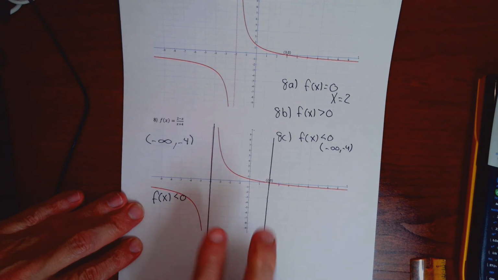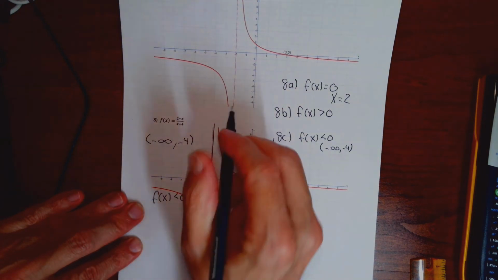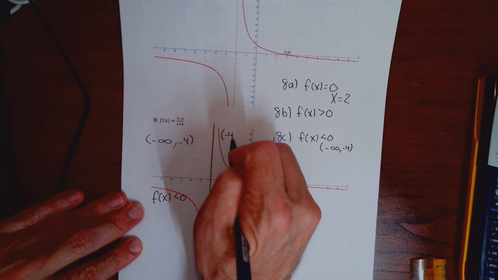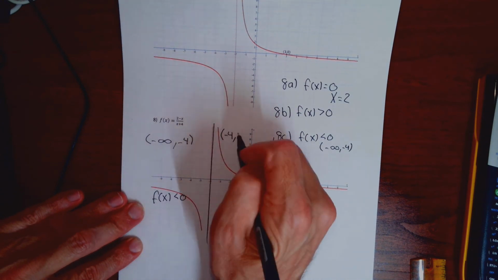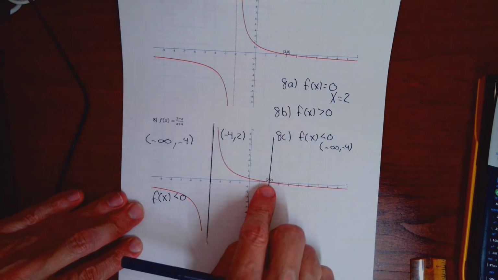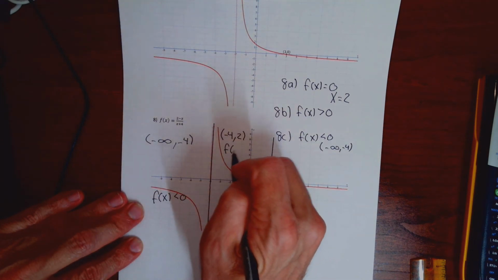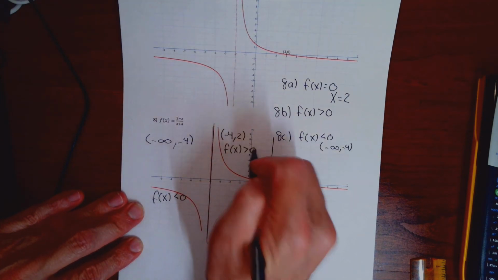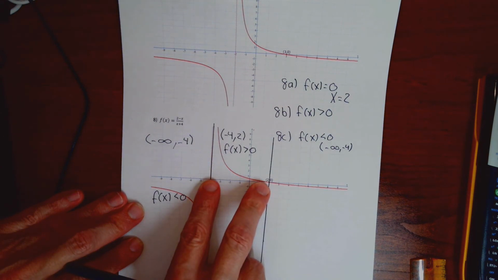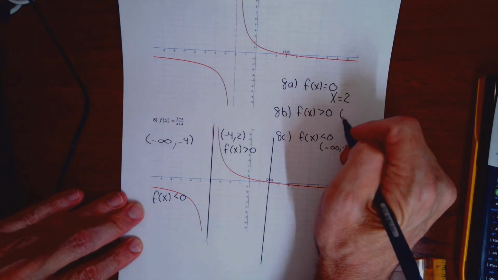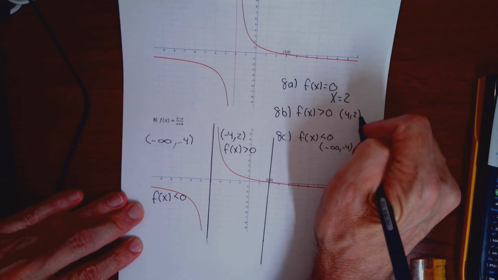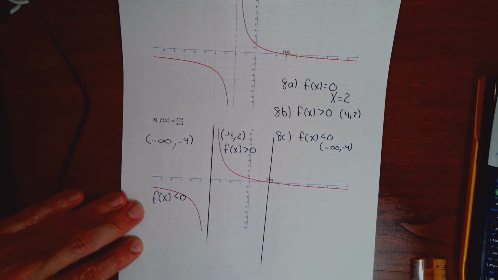The middle region is going to go from the x-coordinate of the vertical asymptote to the x-coordinate of the x-intercept, so -4 to 2, and it's going to be a solution to f of x is greater than 0 because the graph is above the x-axis in that region. So part of, at least, the answer to part B is that interval.